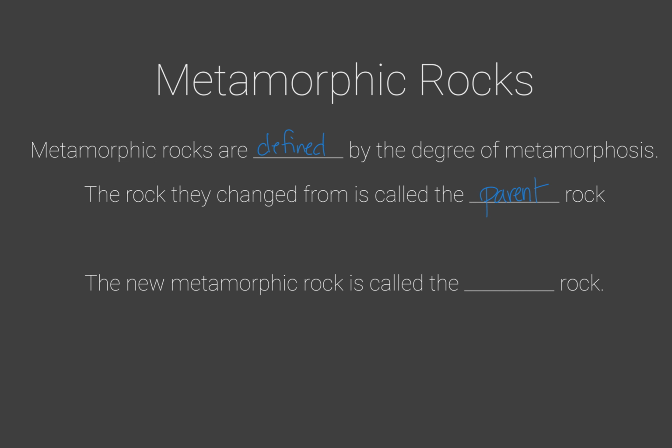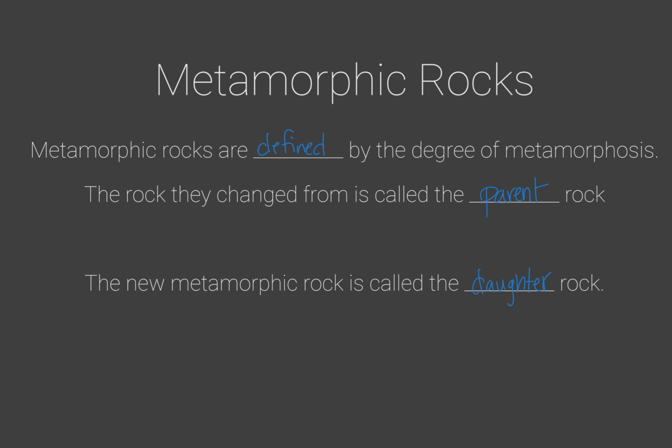And the parent rock can be sedimentary, it can be igneous, it can already be a metamorphic rock that changes again. So any type of rock can metamorphose, and we call the first rock the parent rock, and then the new metamorphic rock, or what it has changed into, is called the daughter rock. So again, we have a parent rock and a daughter rock.